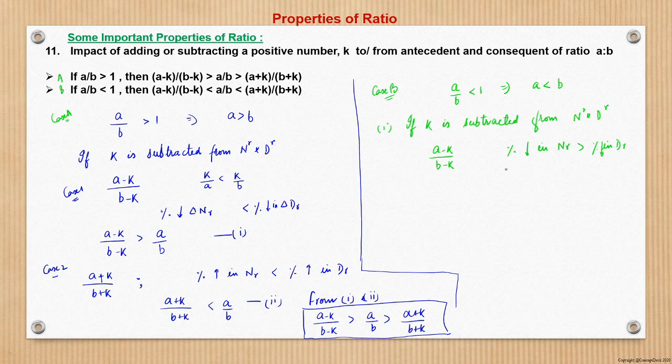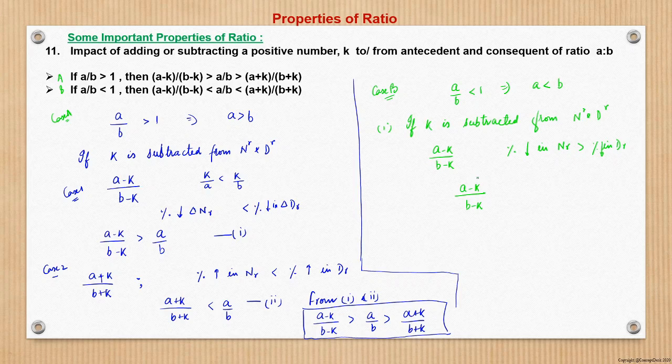So therefore A minus K upon B minus K means that numerator is decreasing more than the denominator.